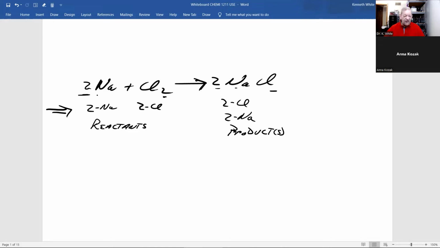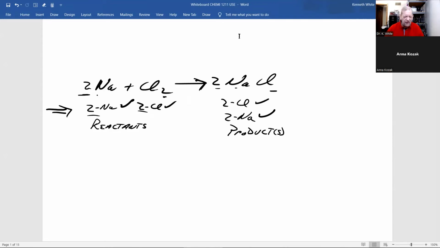And now, because I took the time to write these out, I can say I have 2 sodium here, 2 sodium here, 2 chlorine here, 2 chlorine here. I'm balanced, so I'm done. And that's how you balance equations.